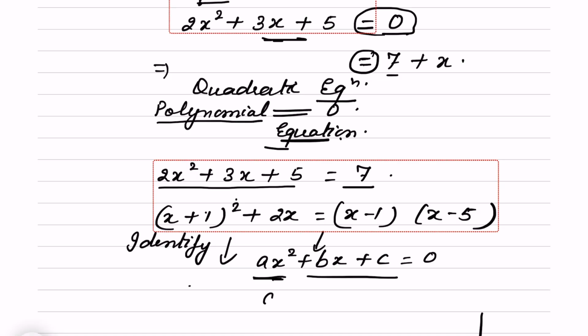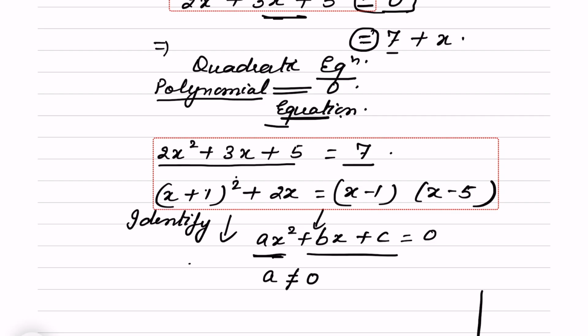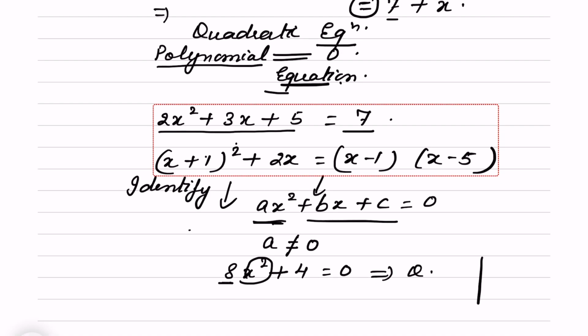You have to see that a is not equal to 0. If I write 8x square plus 4 equals 0, it is quadratic, where the coefficient of x square is 8. But you have to see the coefficient of x square; I can't write any quadratic like this with a zero coefficient. Why?